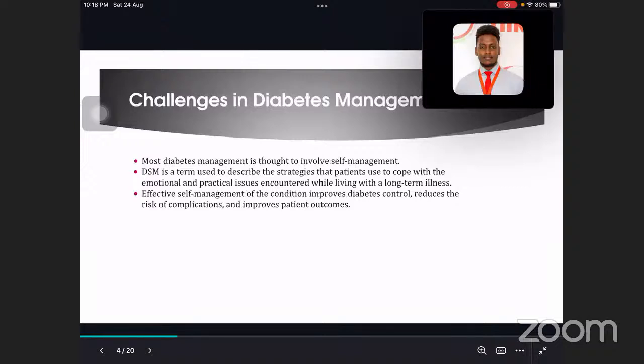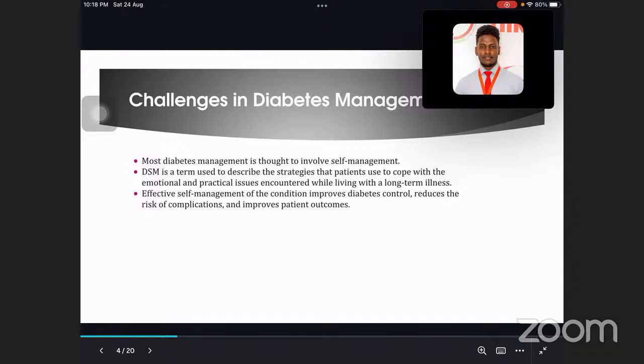The management of diabetes is thought to be a multidisciplinary approach, which involves the patient and multiple healthcare providers. Most diabetes management is thought to involve self-management and active engagement of the patient in their management of the condition.